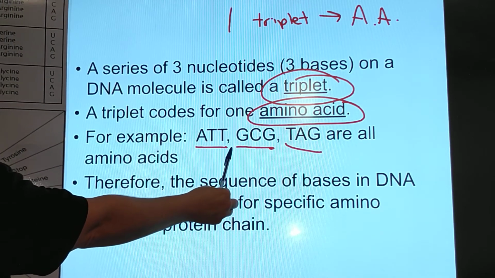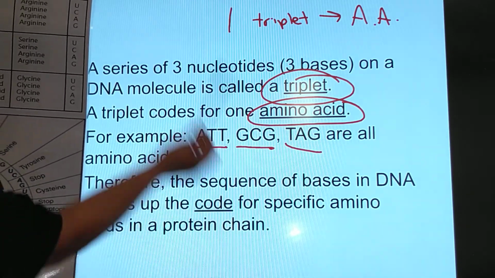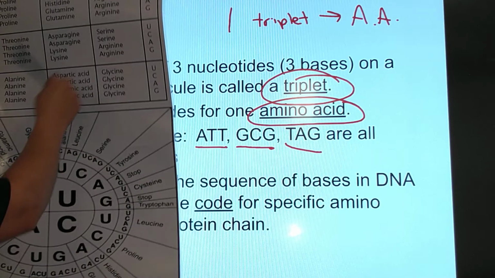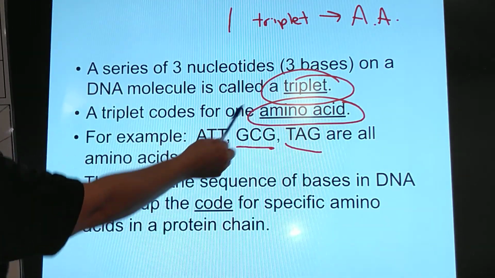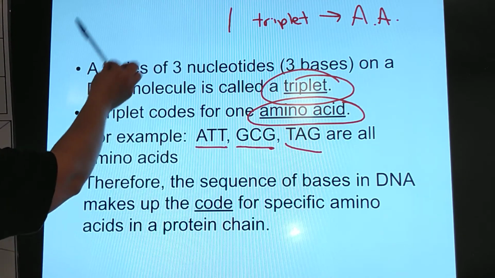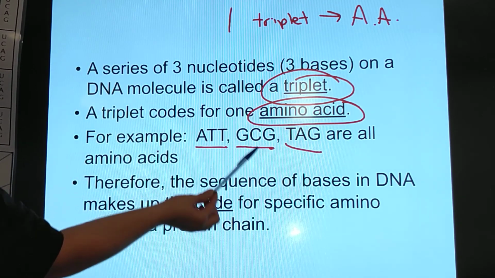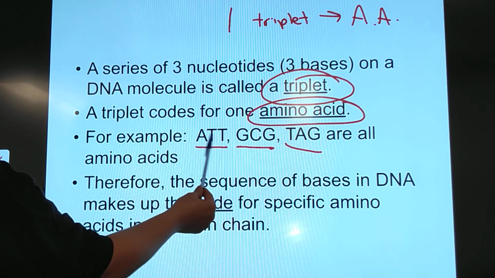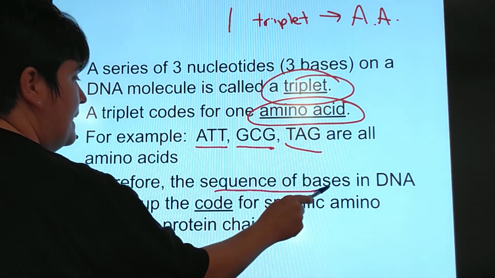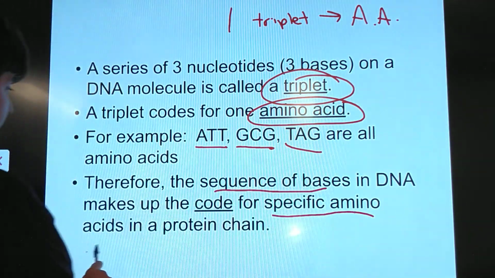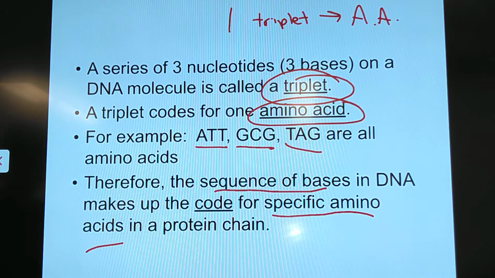We would take it to our chart, or our wheel, and it would tell us which amino acid that this ATT, way back in the DNA, was coding for. Therefore, the sequence of the bases in the DNA makes up the code for a specific amino acid. So the sequence of the bases tells us the specific amino acids in a protein chain.